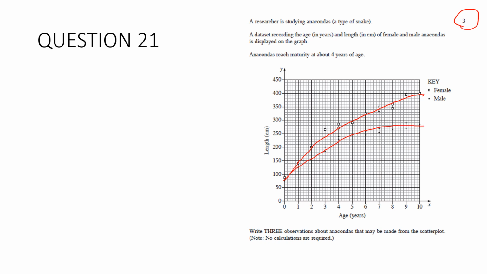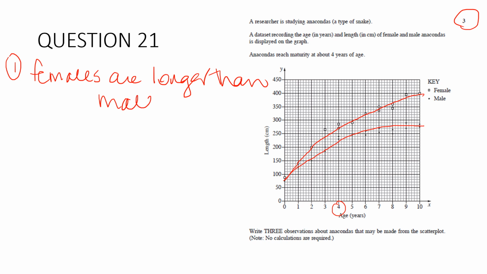Alright, we can see, firstly and obviously, females are longer than males. So that's obvious. We should talk about the rate of growth. So we can see that, particularly after 4 years of age, the rate of growth for males slows right off, but it continues or seems to continue for females.